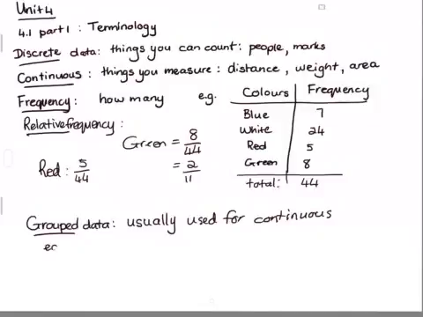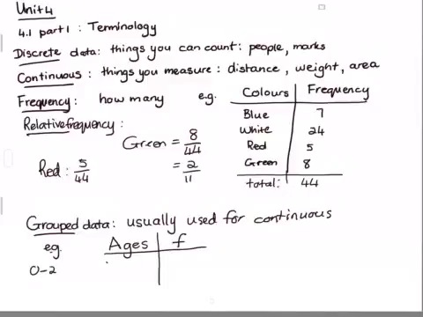But for example, if you took the ages of children at some event, and that would be the frequency, then if I'm saying children between 0 and 2, I don't just write 0 to 2.